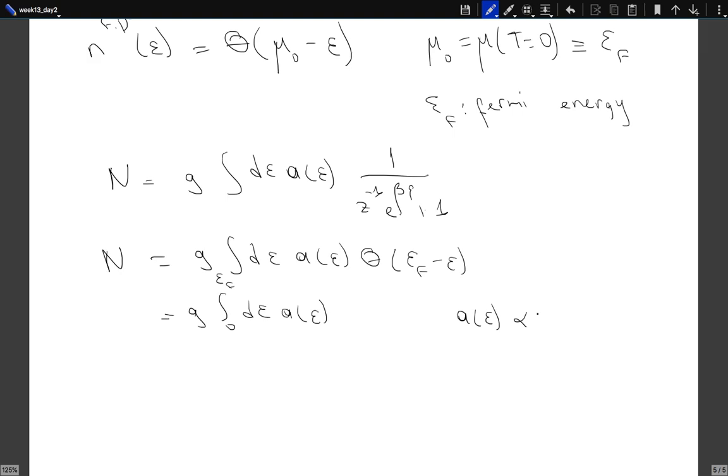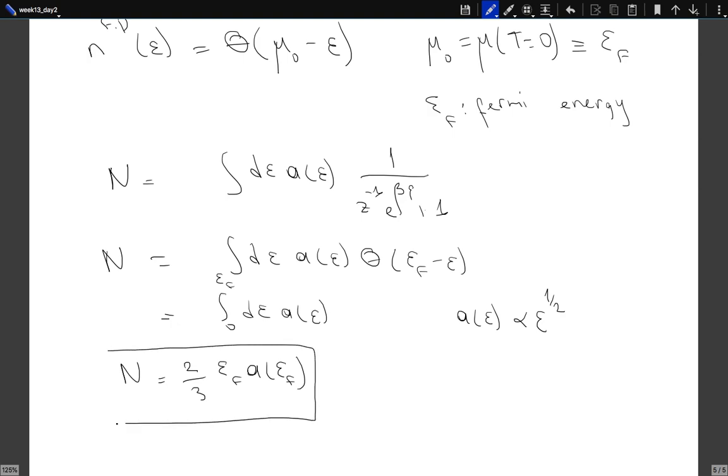Now, A(epsilon) was proportional to epsilon to the 1/2. So if we evaluate that integral, this is G times 3. No, there's no G, sorry. G is already included in the density of states. This gives 2/3 epsilon Fermi times A of epsilon Fermi. This is what gives us the density of states.